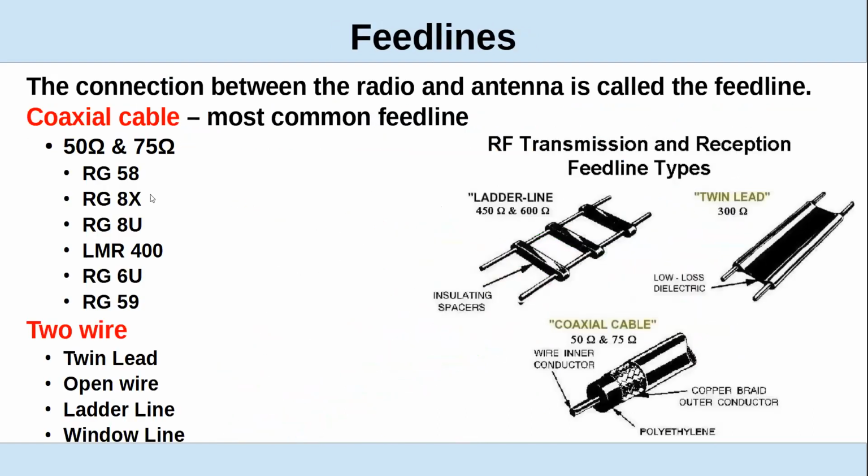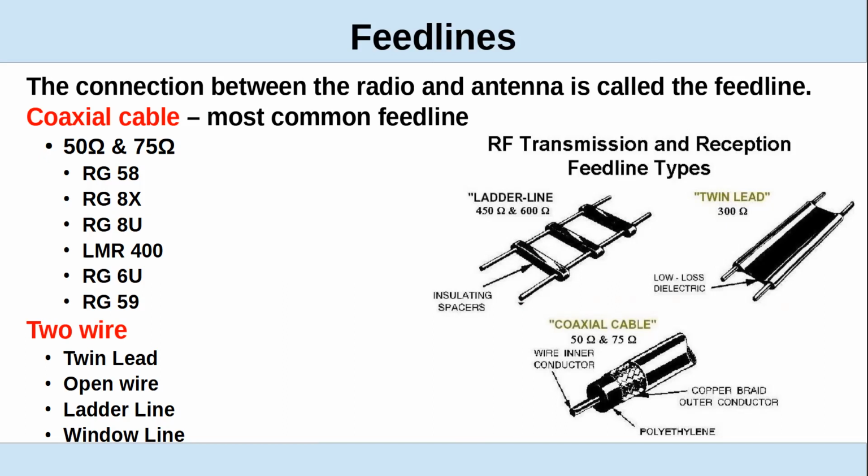Okay, so we've got transmitters, receivers, and antennas. We need to connect them with something. We call them feed lines. Most of the time we use coaxial cable. It's relatively cheap. It's common.